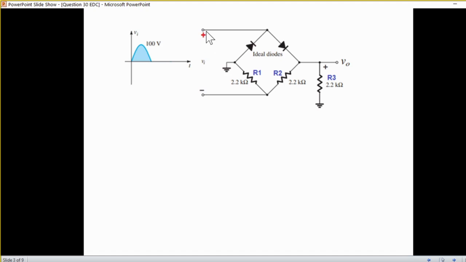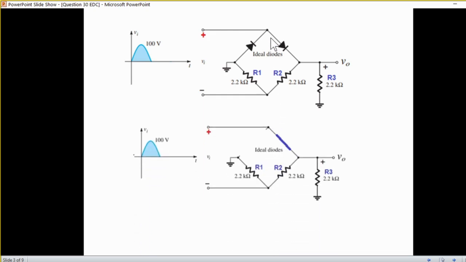Now, in case of a diode, if the positive of the battery touches the positive terminal of the diode, then the diode becomes forward bias. And when the positive touches the negative terminal of the diode, it becomes reverse bias. Now this is true in most cases. So we'll just follow it.